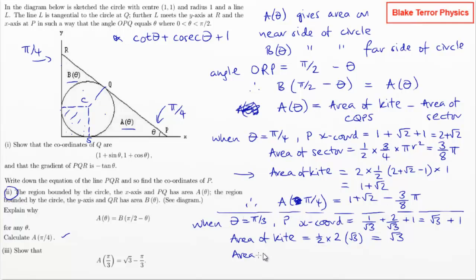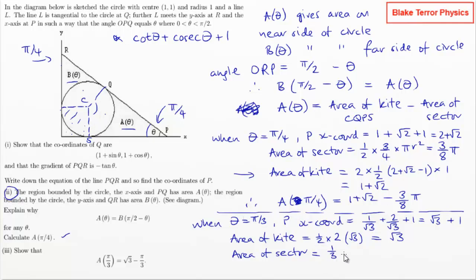So the area of the sector, what have we got then on that? What is our angle in the middle? If this is 60 degrees, then this is going to have to be 120 in order to get everything to add up to a quadrilateral. So we've got a third of the circle.